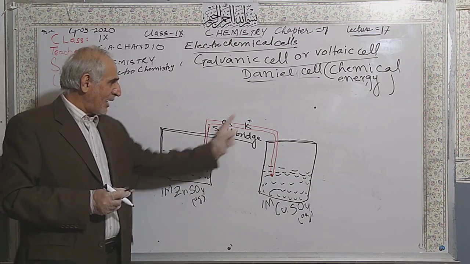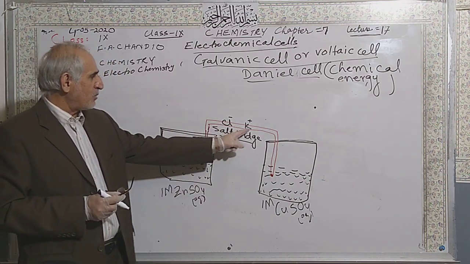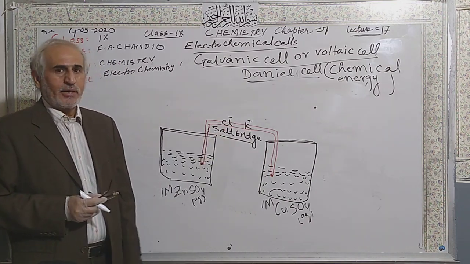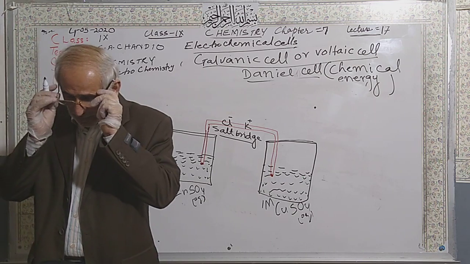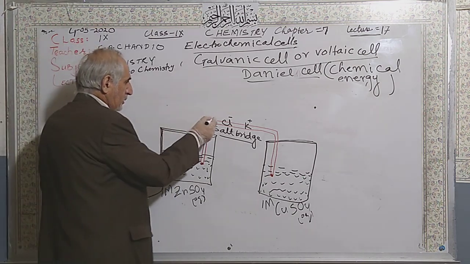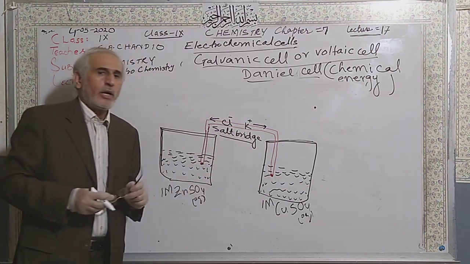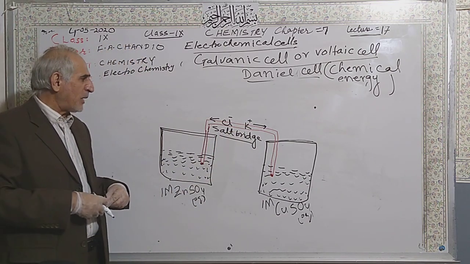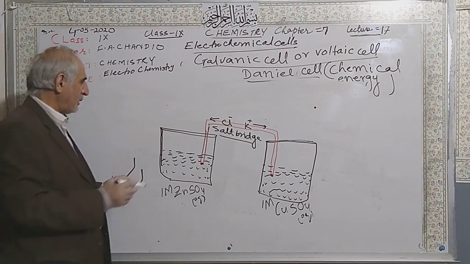So this glass salt bridge contains potassium and chloride in gelatin. Potassium ions and chloride ions are going to be here, and they are going to flow like this. I will explain the purpose of the salt bridge. Let me finish this construction.